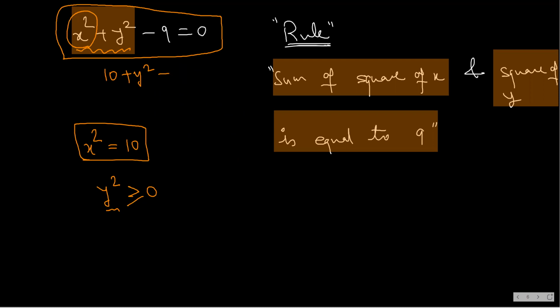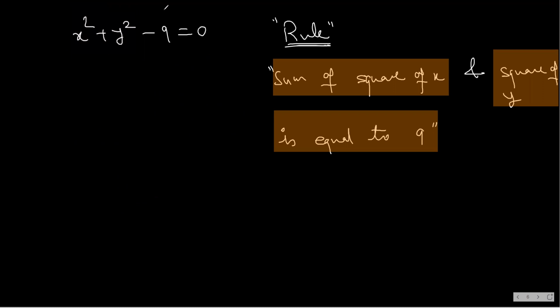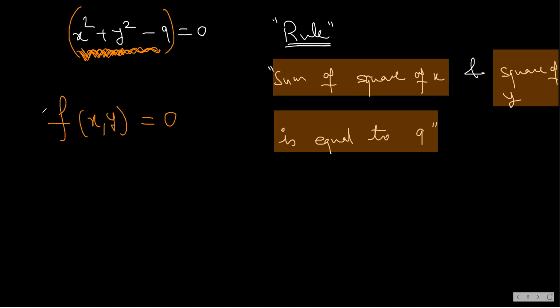And if it is giving us a rule, definitely there is some function over here. And that function is known as an implicit function. Why implicit function? Because the function is defined on x and y both. The function is in the form f of x comma y equal to 0.